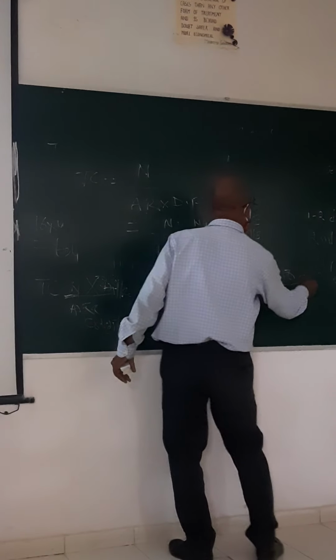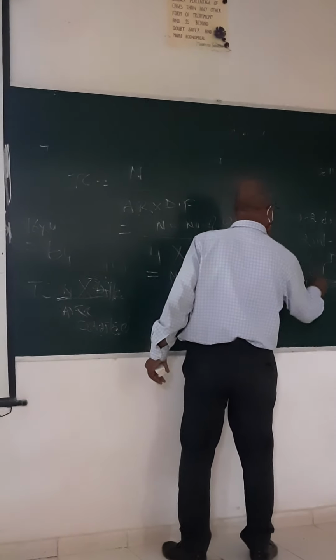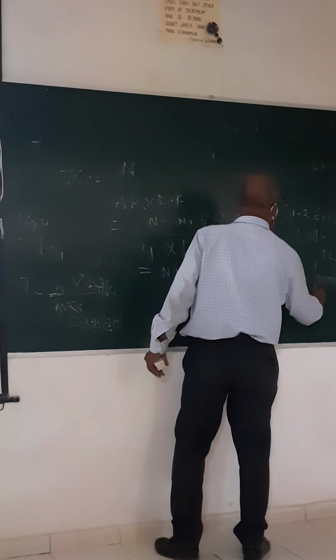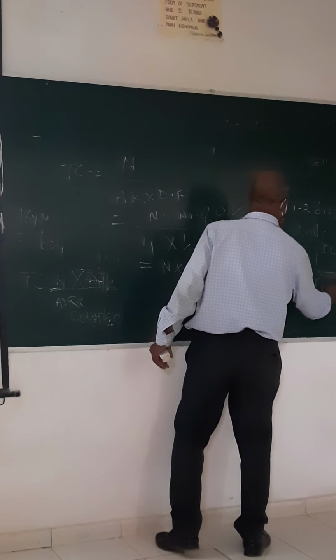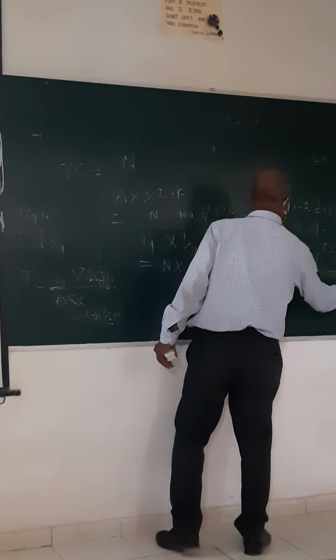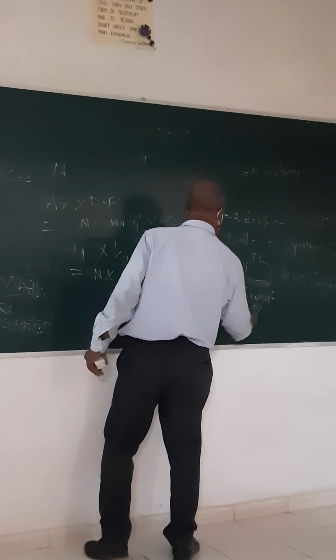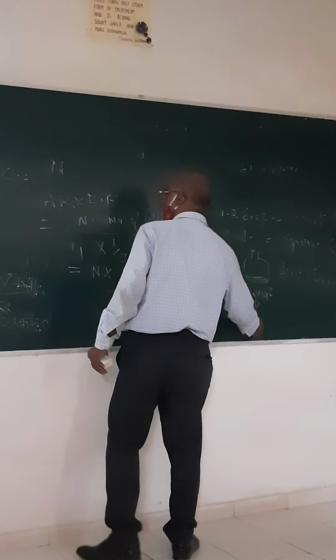Which cells? WBC cells per cubic millimeter of blood. This is the formula by which we can take out the reading of the total count of WBC.